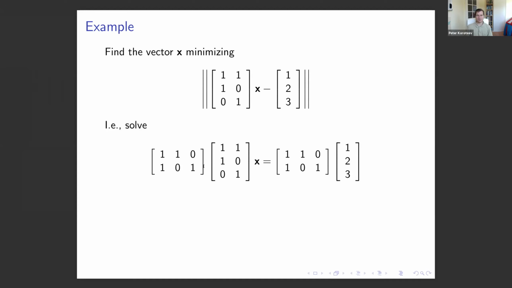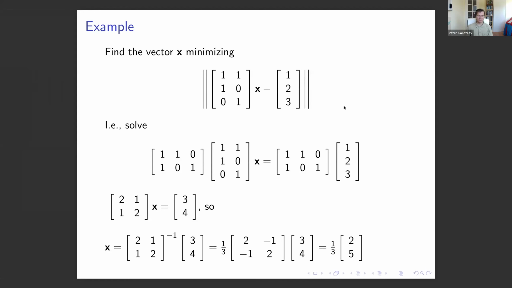So we can replace the minimization by finding a solution of this equation. If we take the transposed matrix and multiply it on the left here and on the left there, we do a quick calculation, and it reduces to a different problem. The 2x2 matrix is invertible, so we can write x as the inverse of the matrix acting on the vector (3, 4).